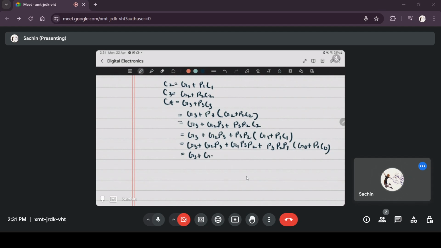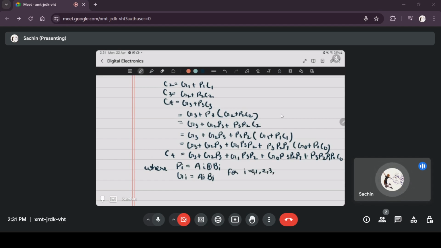So you get G3 plus G2 P3 plus G1 P3 P2 plus G0 P3 P2 P1 plus P3 P2 P1 P0 C0, where Pi is Ai XOR Bi and Gi is Ai Bi for i equal to 0, 1, 2, 3.